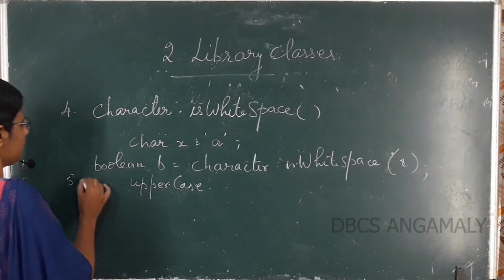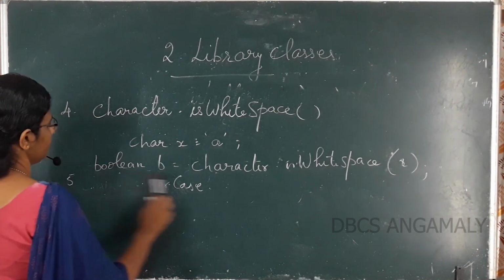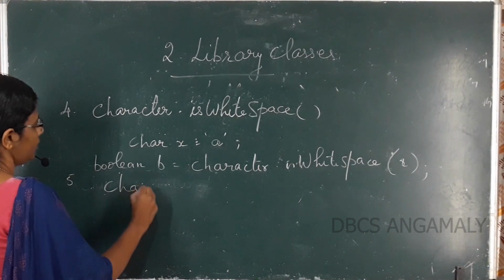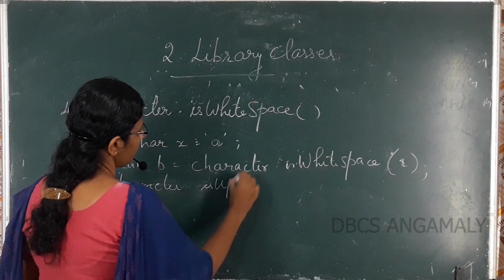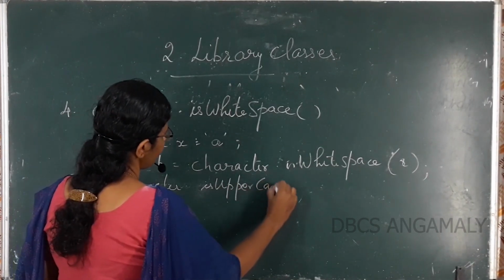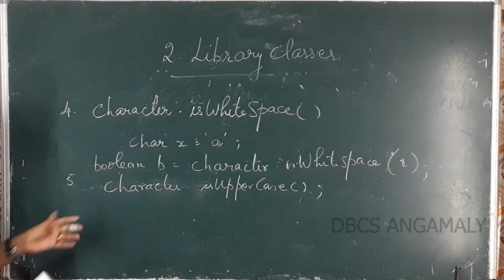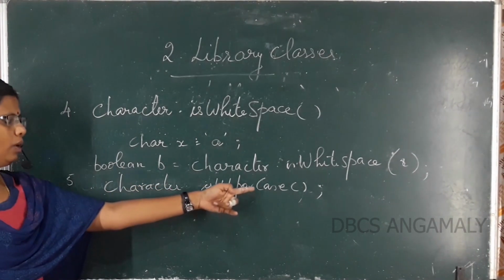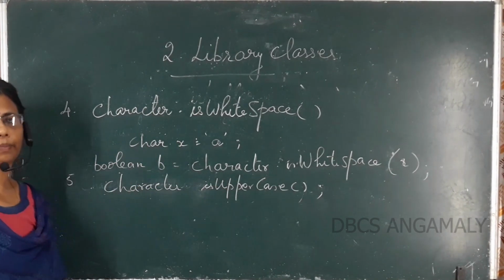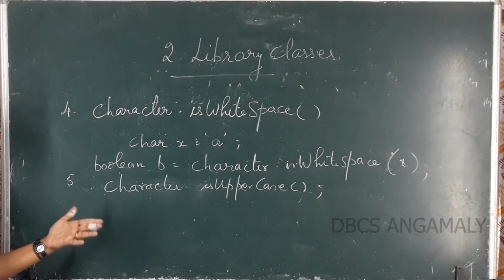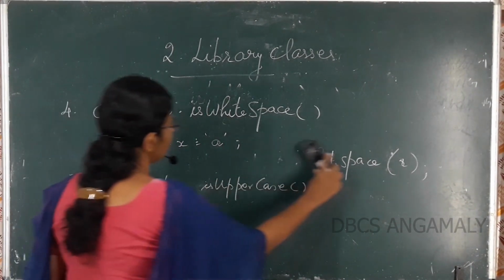Now the function name is Character.isUpperCase. You must note the difference where the small letters and capital letters are used. Character.isUpperCase will return true if the data contains an uppercase letter or a capital letter, otherwise it will return false. Now we'll see how it goes.